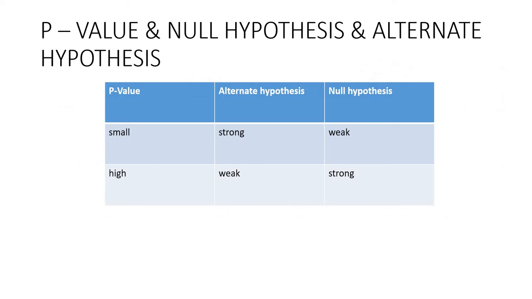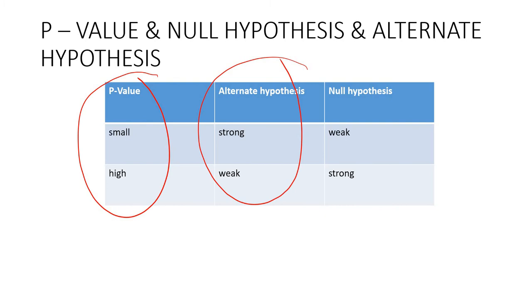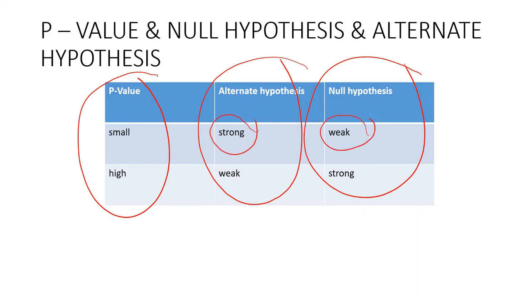So from this table, it's a perfect table. This will give you a complete idea. This is the p-value. This is the alternative hypothesis. This is the null hypothesis. P-value small: null hypothesis is weak, and the alternate hypothesis, which you have to come up with, is strong.